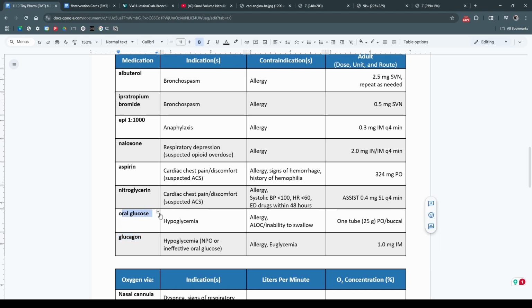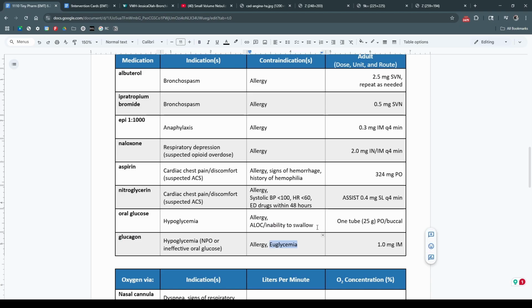We can give oral glucose. The issue is that if you are a person that's obtunded or has an altered level of consciousness, or somebody that if I give a medication by mouth, you might choke on it, well, I can't give oral glucose, and so we need to make sure they get sugar stores so that they live, in which case we'll give glucagon intramuscularly.